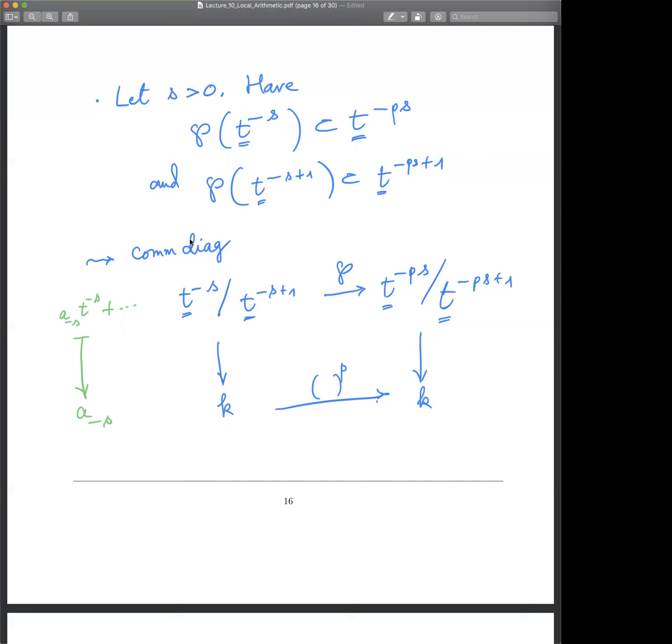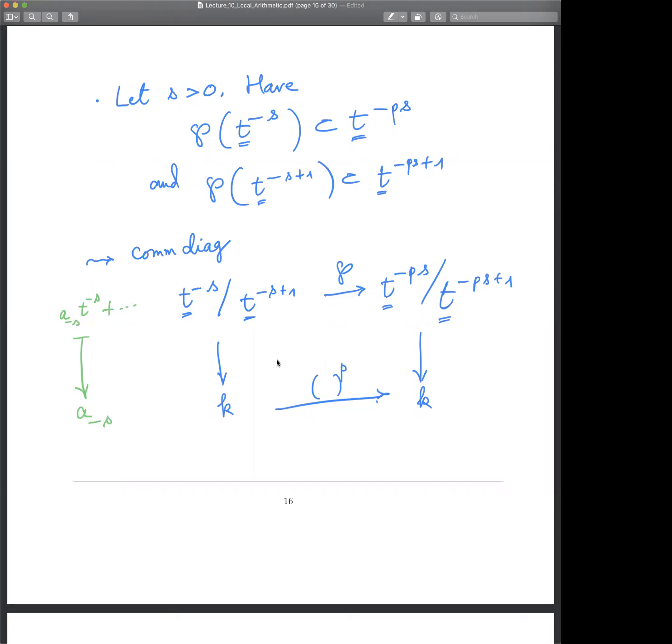Therefore I get an isomorphism with T, and here also I get an isomorphism with K, the residue field. Once you have chosen T as a uniformizer, you get the map here. This should be A minus S bar, but that's the same as A minus S, right?